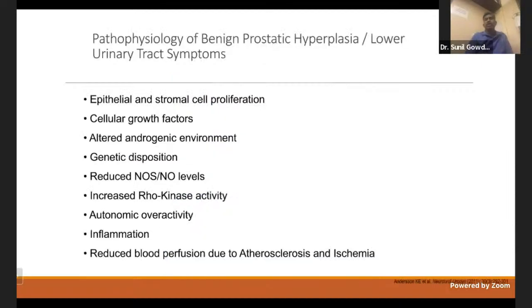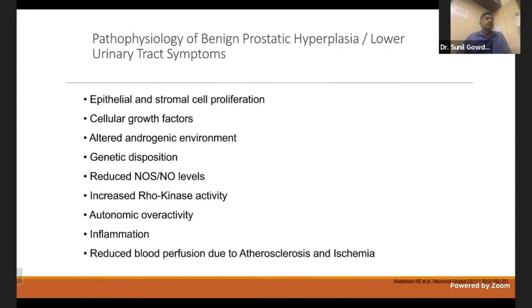So as I already discussed, this is the pathophysiology. There are many physiological changes which happen in the prostatic gland as well as in the bladder neck and bladder wall, which result in the development of these lower tract symptoms. For example, there is epithelial and stromal proliferation, that is nothing but the histological BPH which develops first. There are various other cellular growth factors which predict the development of the prostate enlargement as well as the hypertrophy of the bladder wall.